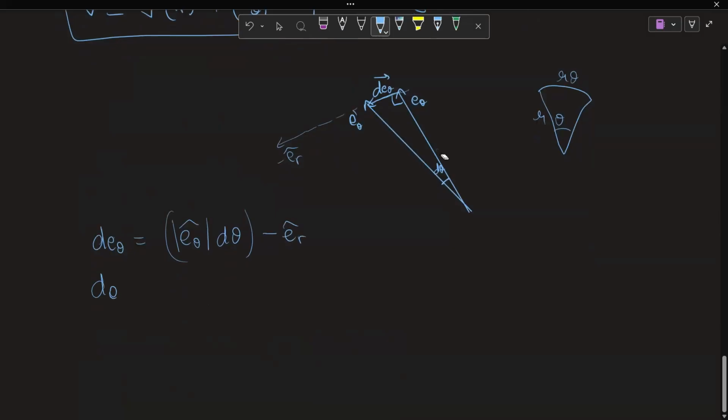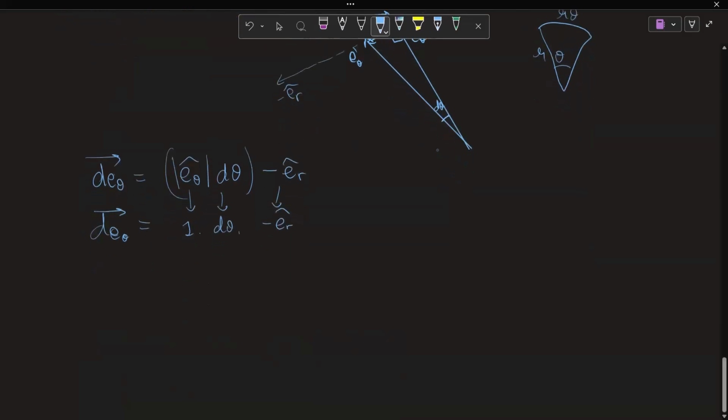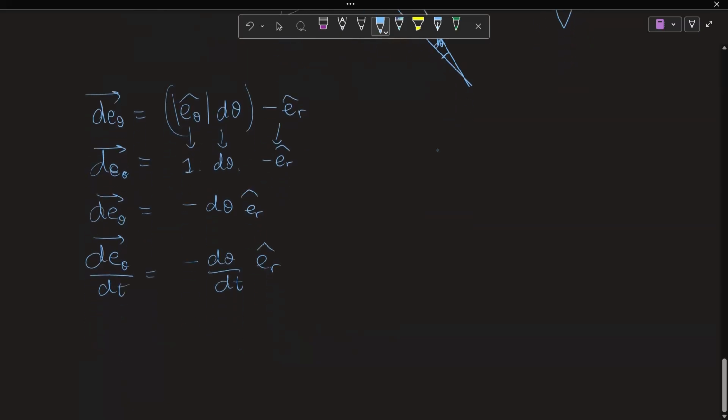So the vector d E theta is equal to 1 times d theta times minus E_r cap. d E theta vector is basically minus d theta E_r cap. Again, differentiating with respect to time, we get d E theta by dt equals minus d theta by dt into E_r cap. Why do we need this? Because for the next step, for finding acceleration, we would be needing this.